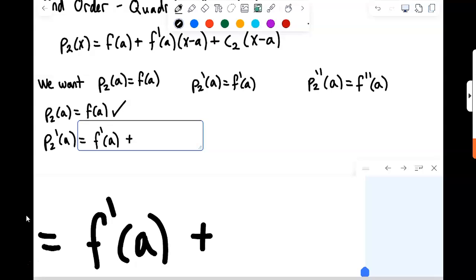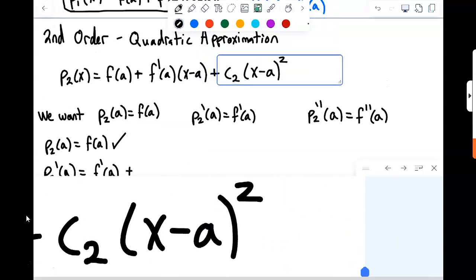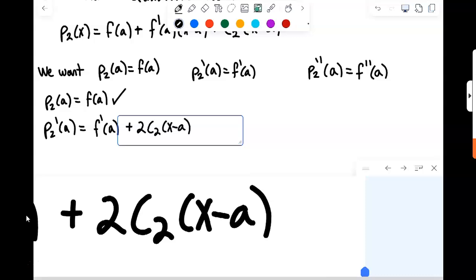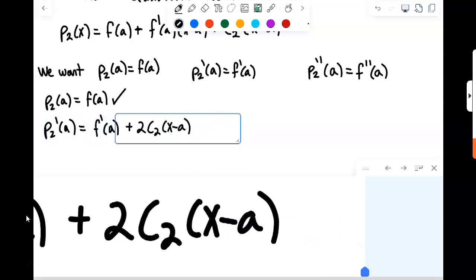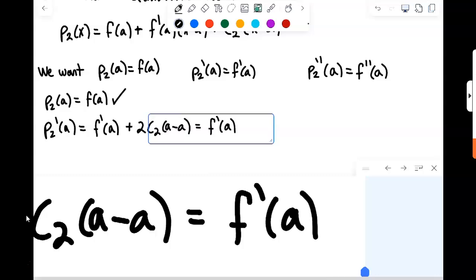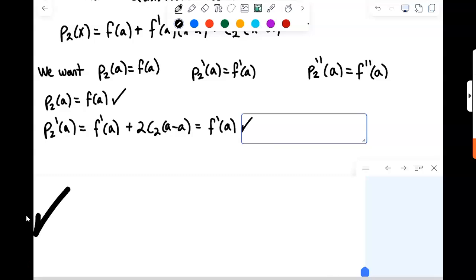And then the derivative for the second part would be the derivative of that x minus a quantity squared, so we multiply by that, we have 2 c2 x minus a. But if we plug a in, that would be a minus a, and so that term would just completely drop out. And so P2 prime of a is equal to f prime of a, and we're good.